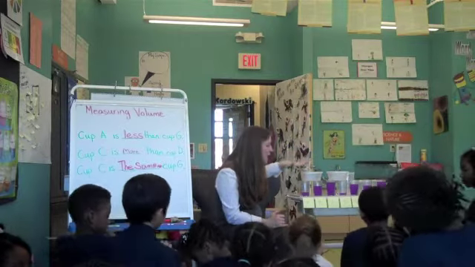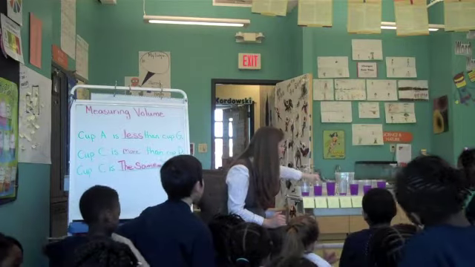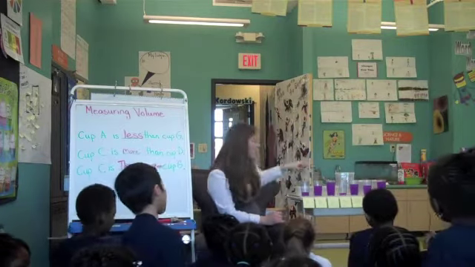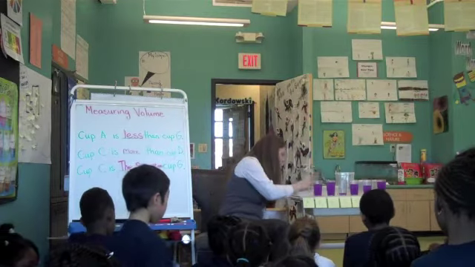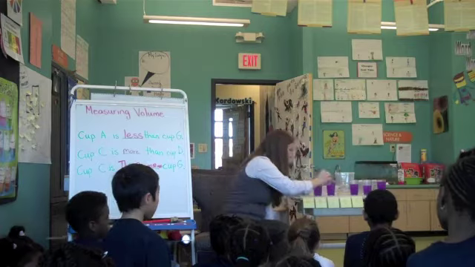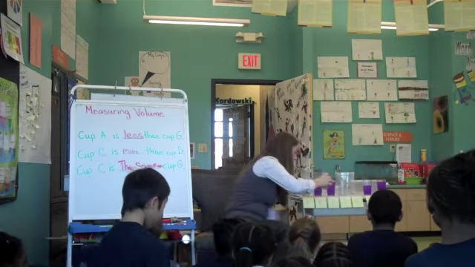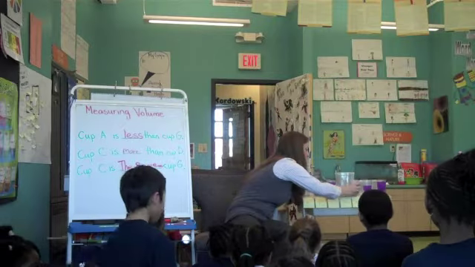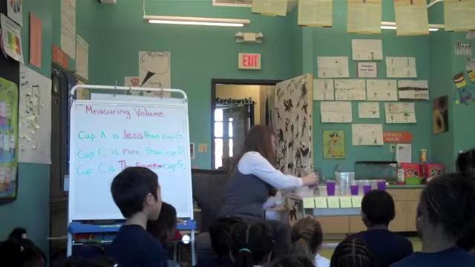If these two containers are the same size, and I put the same amount of liquid, let's see. If I put the same amount of liquid, this is 1 cup.